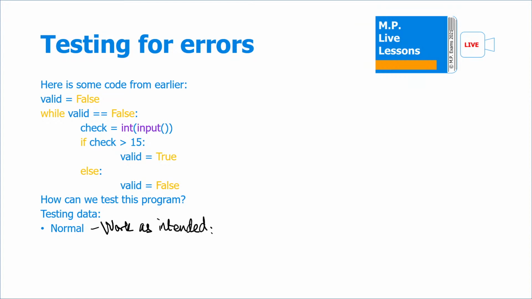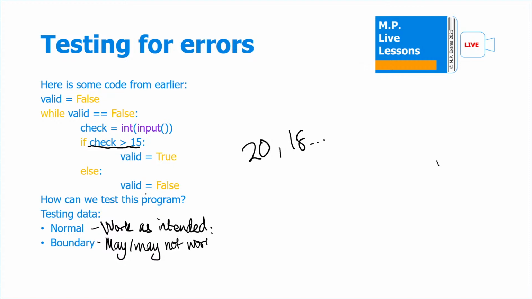This will be the data that should work as intended. So let's say 20 should work, 18 should work. Those are a few examples of normal data. Boundary data may or may not work, so it's on the actual boundary here.